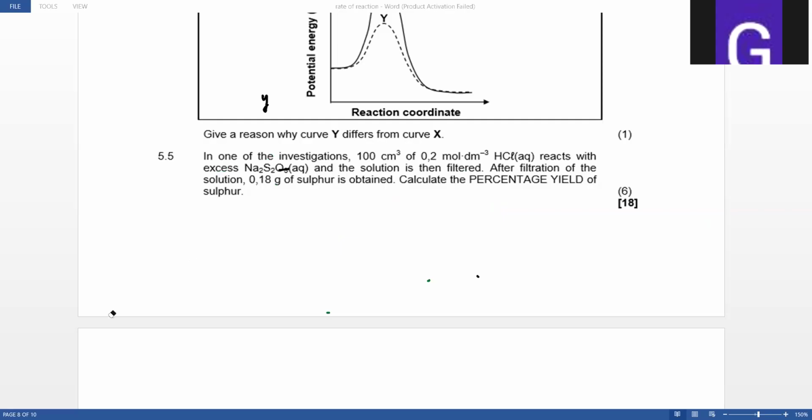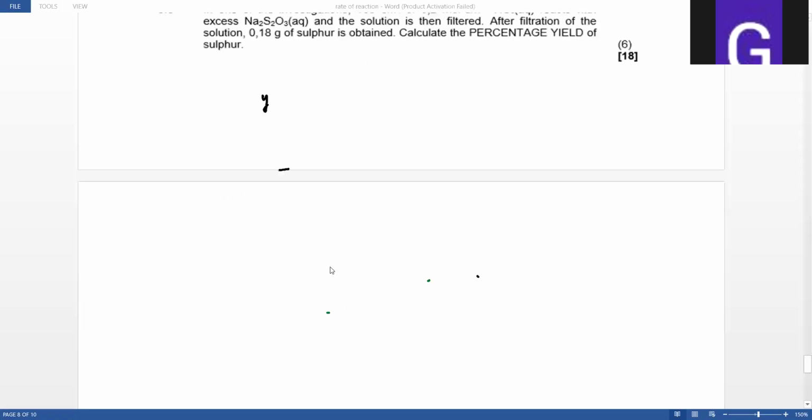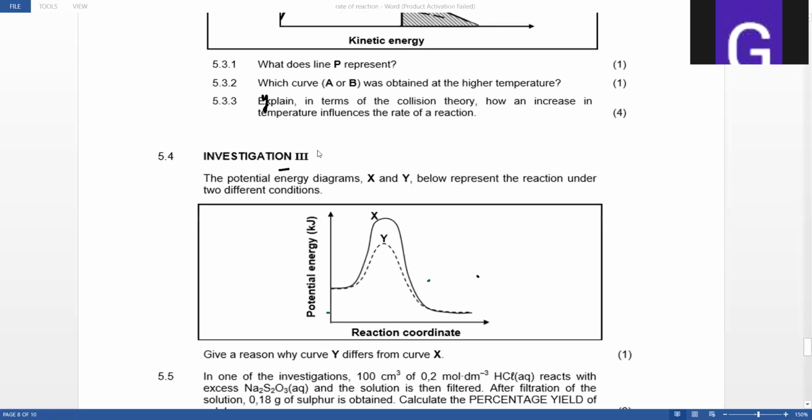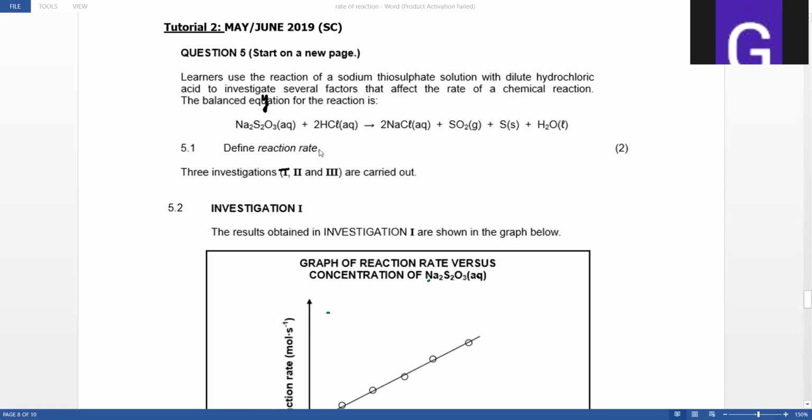Right, to do the calculation, let's first copy the equation, because I want us to have this equation here. Because we're talking about the two reactants, okay? Let me copy the balanced chemical reaction so that we're able to use it.